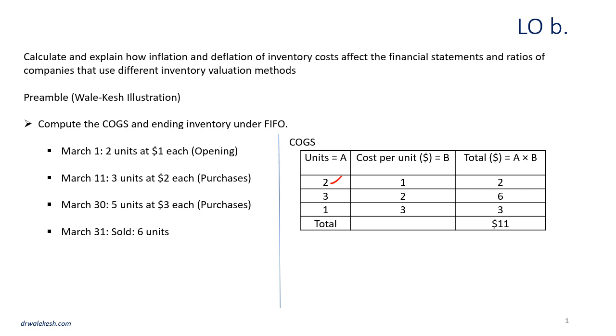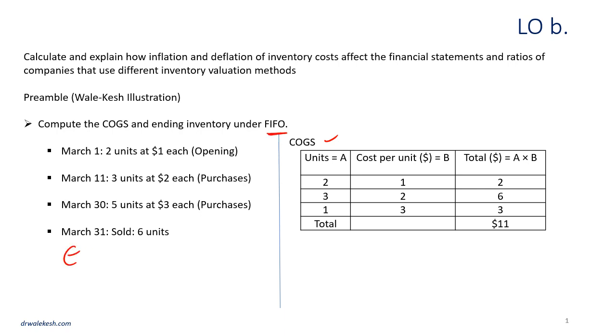So 2 times 1 will be 2, 3 times 2 will be 6, then 1 times 3 would be 3. If you add all these together, that should be $11. That's for cost of goods sold under FIFO.